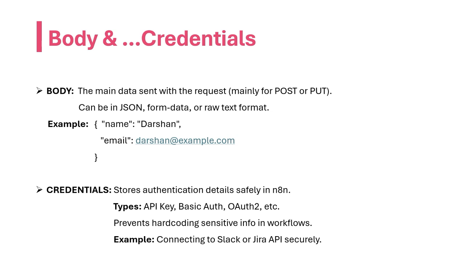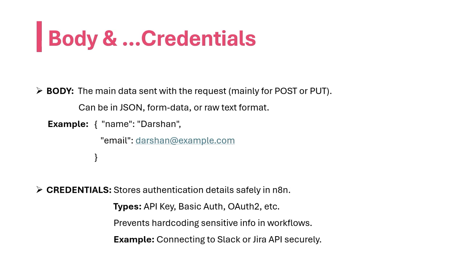And finally, these are our credentials. Credentials store secure authentication details, in our case in n8n. There are certain types like API key, basic auth, OAuth2, etc. These prevent hard coding sensitive information in workflows.